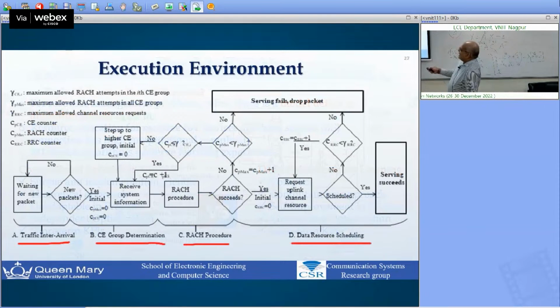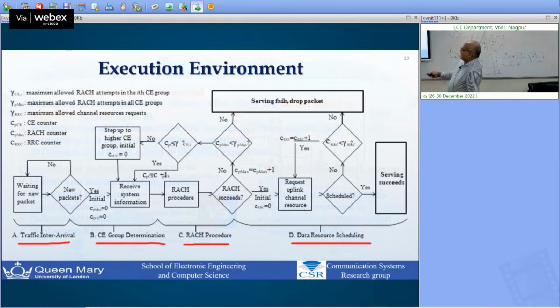Here we have different counters. The random access channel opportunity we fix. If it does not succeed within that number, we assume that it has failed. So this is the normal execution procedure from a device once a packet arrives.